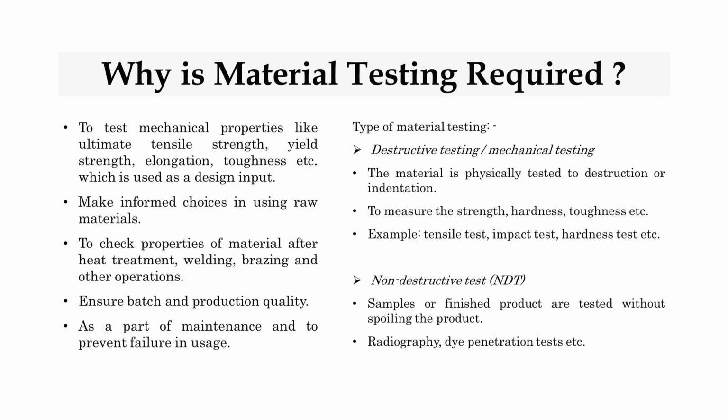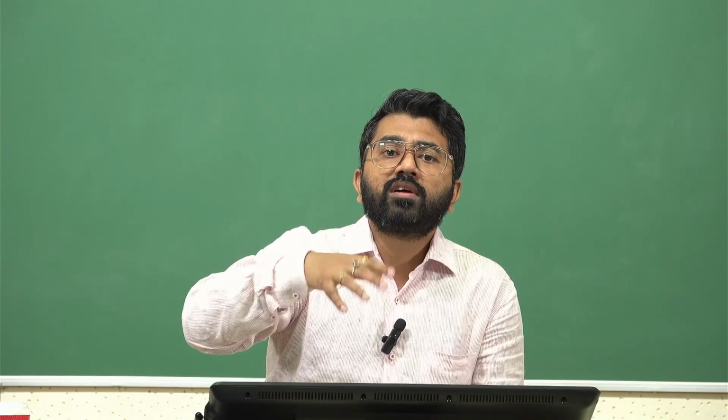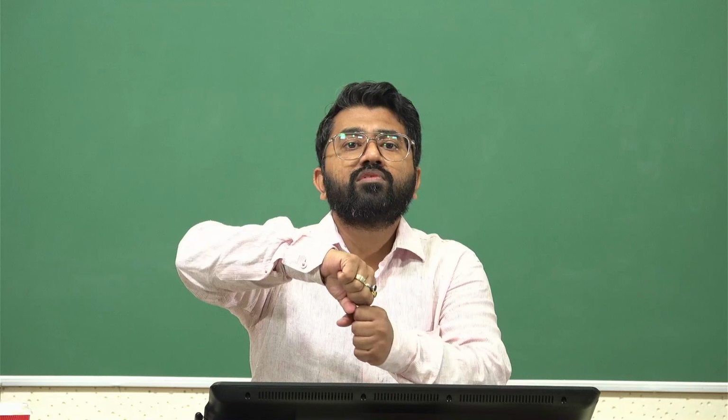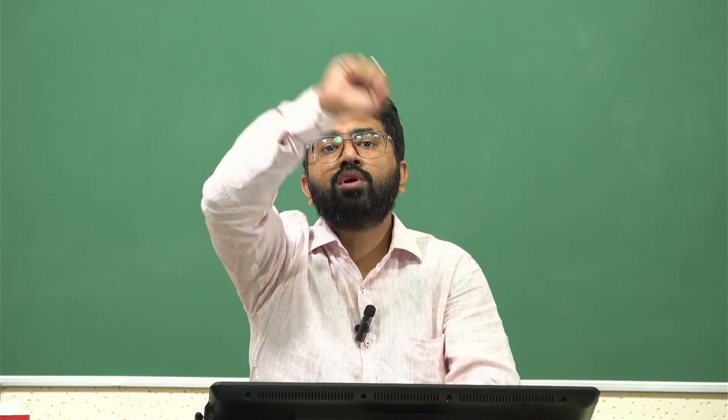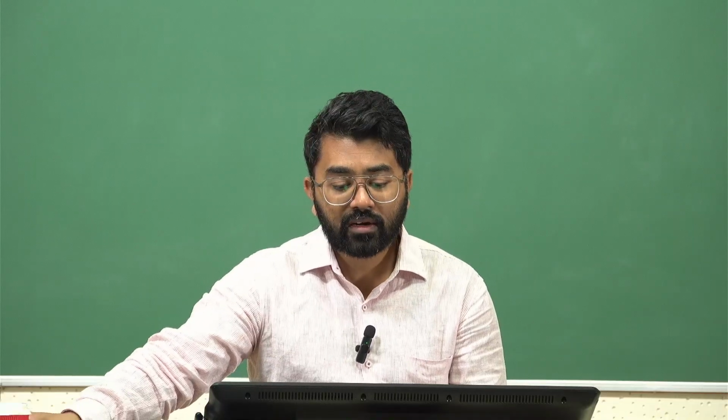The first type broadly is known as destructive testing, where the material is physically tested to destruction or indentation, right? So if you indent something almost permanently, then you are kind of destructing a surface part, right? Or if you're pulling a soft tissue beyond its limit, it's going to break. You cannot restart the test from there, right?